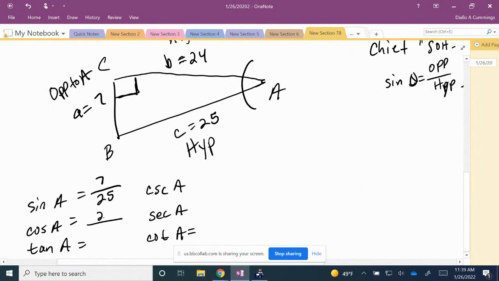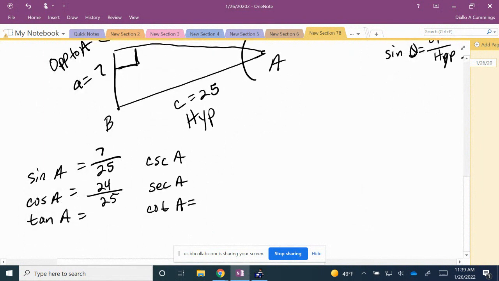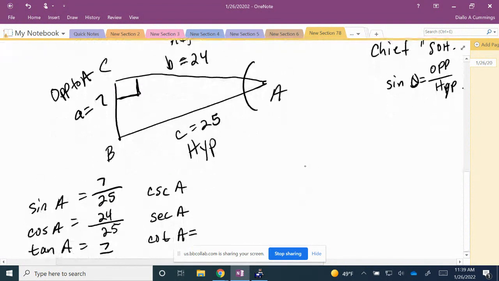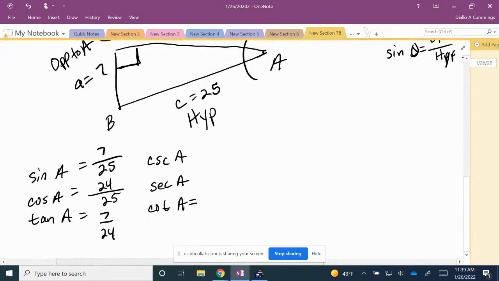Our adjacent is 24. Our hypotenuse is 25. So the cosine is 24 over 25. And then lastly, we have the tangent, which is the opposite, 7, over the adjacent, 24.